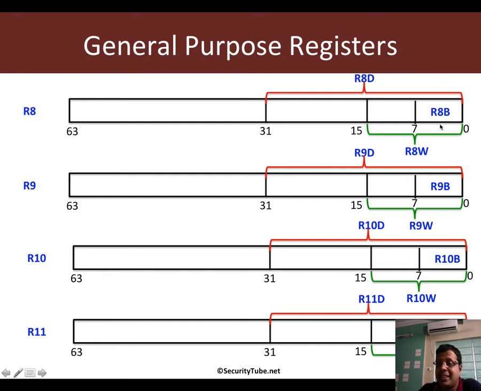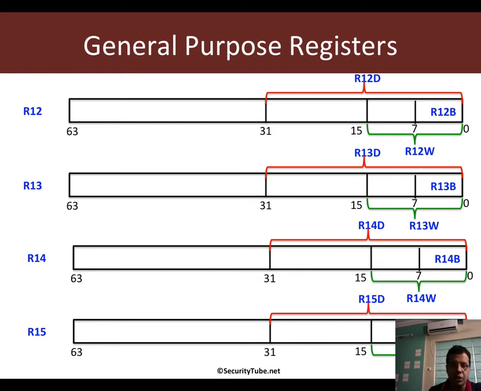You can access the lower 16 bits by using RXW, which can be R8W, R9W, again depending on the register. And finally, the lower 8 bits by using RXB, right? Again, the higher byte of RXW is not accessible. This is important, keep that in mind, right?